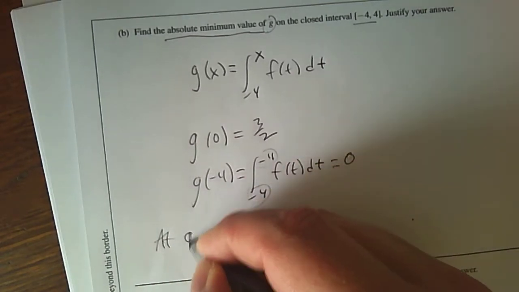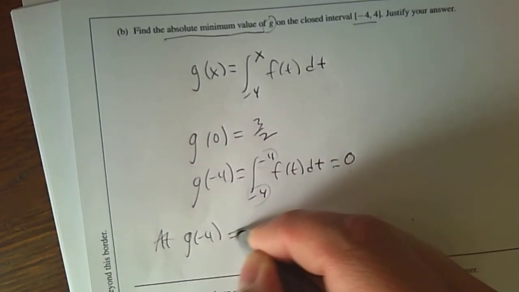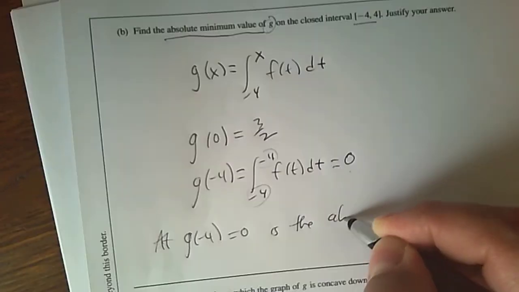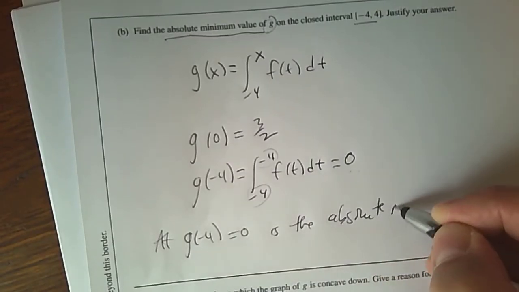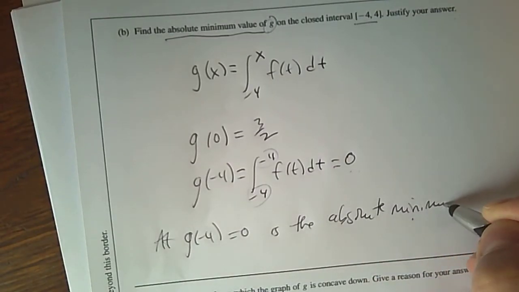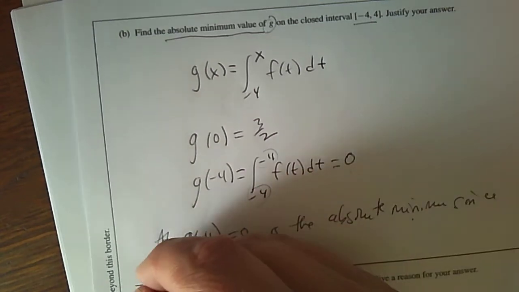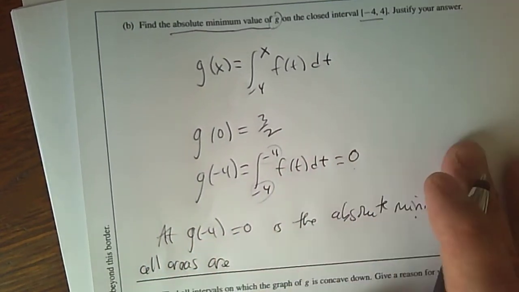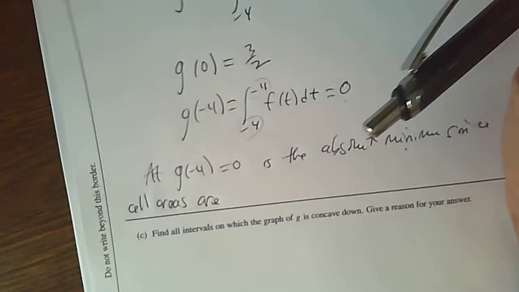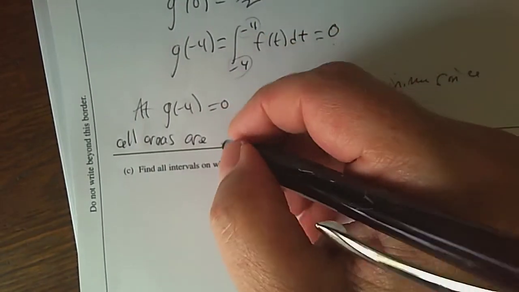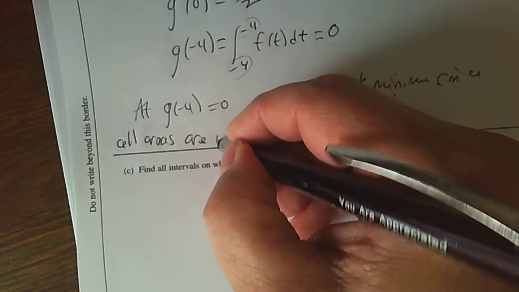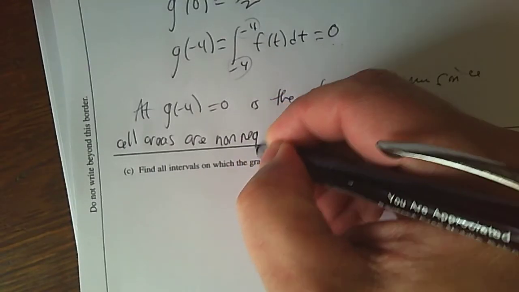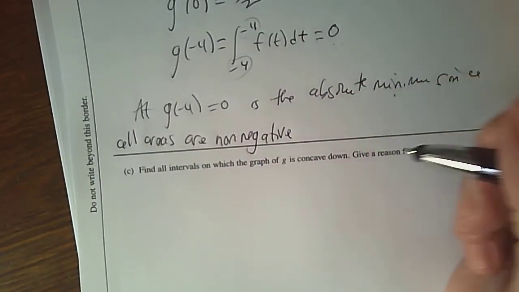And then why did we pick that? And you can say positive probably or non-negative.